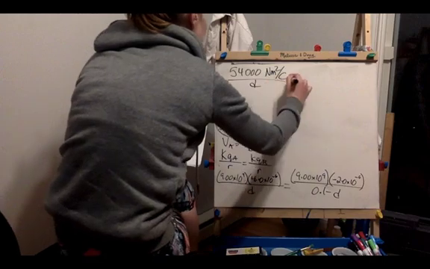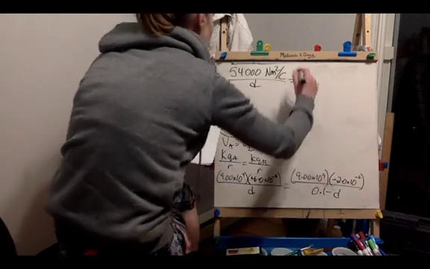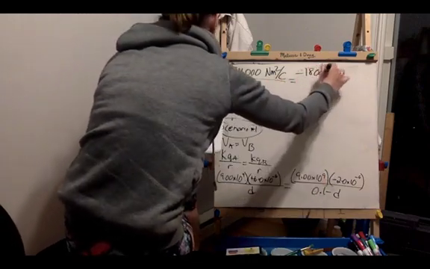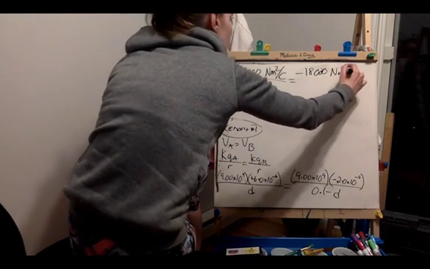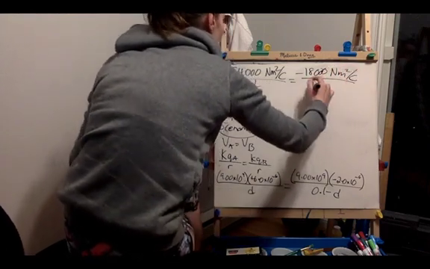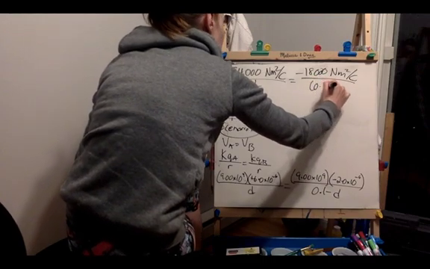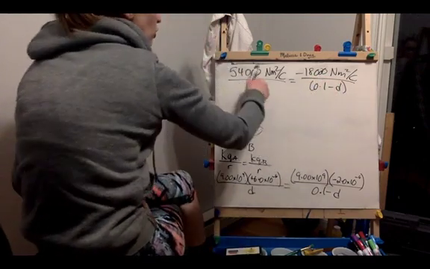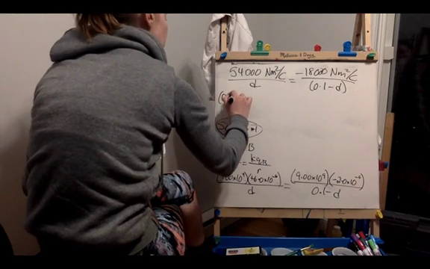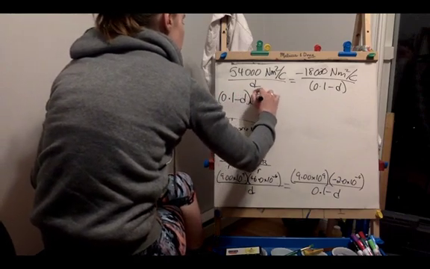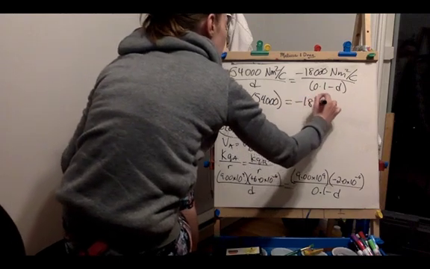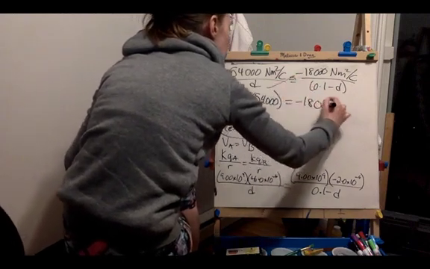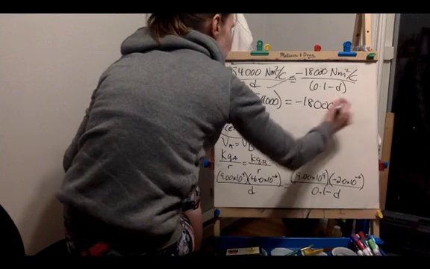That is divided by D, equal to negative 18,000 Newton meters squared over coulombs divided by 0.1 minus D. You cross multiply here, so you get 0.1 minus D times that 54,000. I'm going to drop my units for a second, and then cross multiply here and get negative 18,000 D.